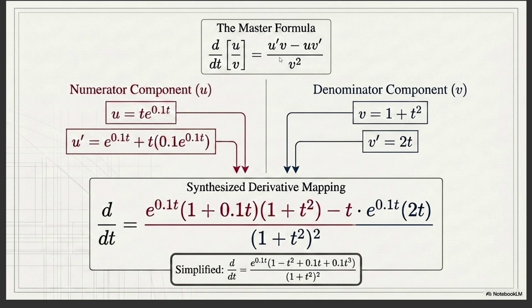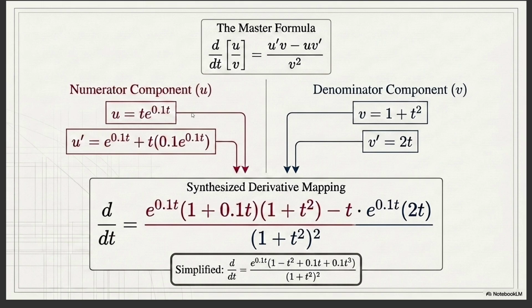Next, we break our function into two parts. First, the numerator component u. We say u equals t e^(0.1t). Because this is multiplication, we must apply the product rule. This concept is simple. We just copy the term back but switch which one we differentiate.